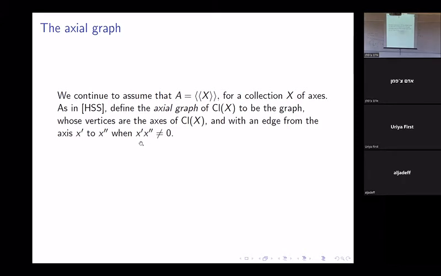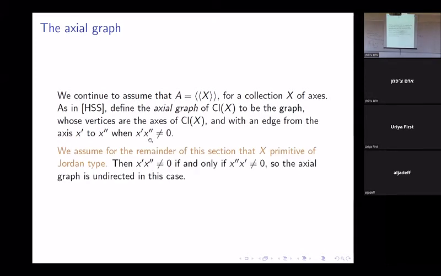If you have the product of 2 axes equal to 0, then you just have F times F. So this gives you a chance of avoiding F times F. Okay. If X is primitive of joint type, then this is actually an undirected graph.